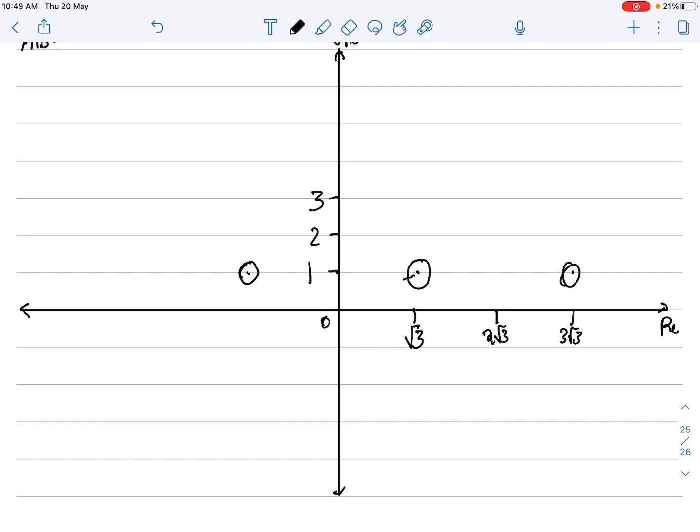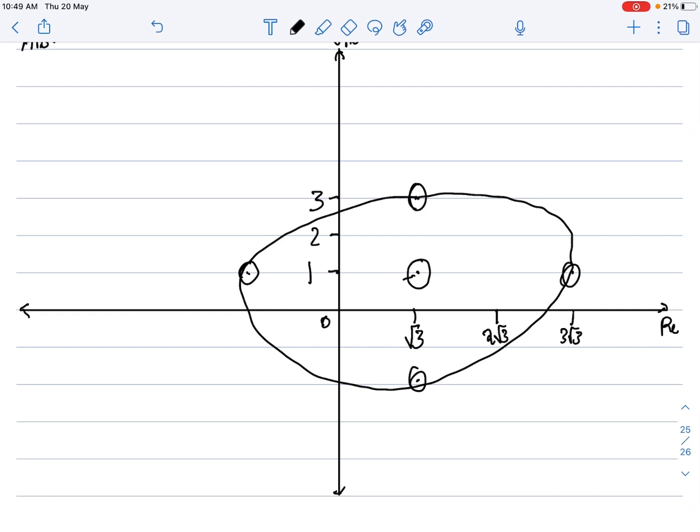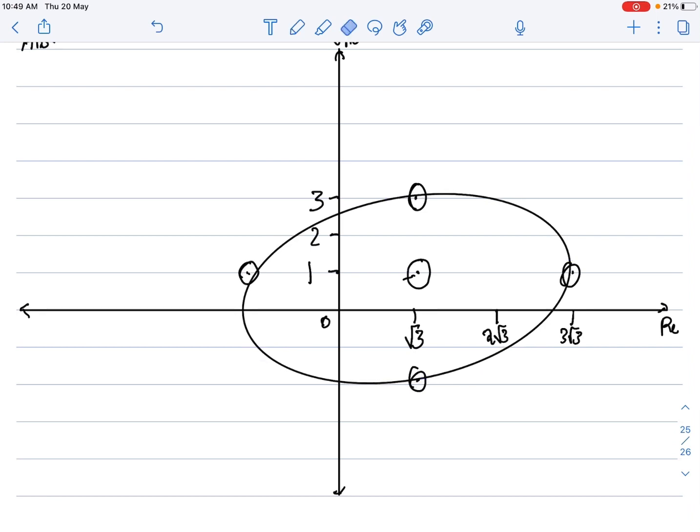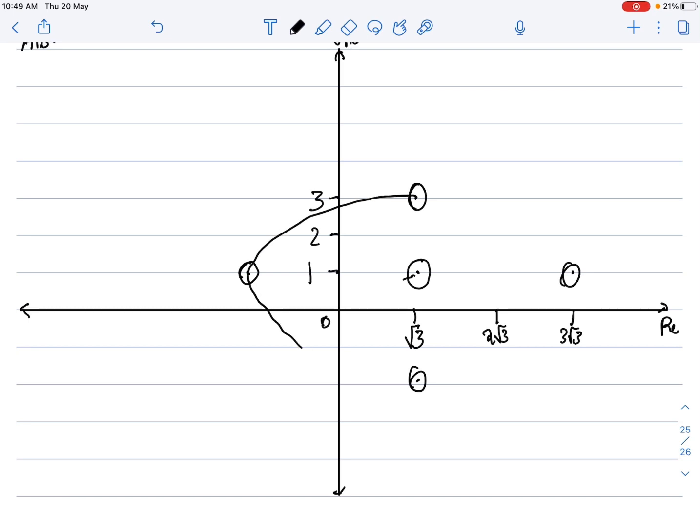Just make a sketch, you don't need to be totally accurate. So now I have a rough circle here.